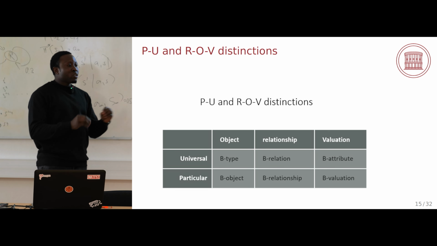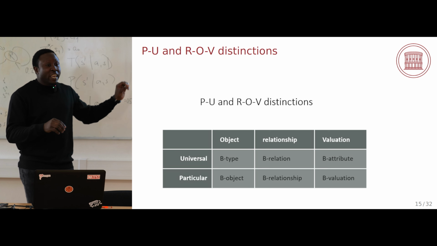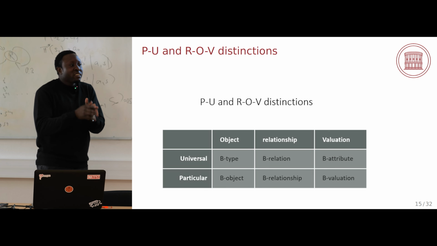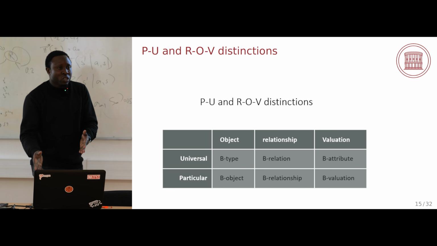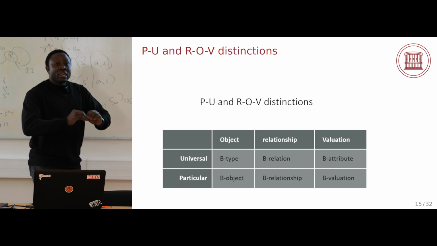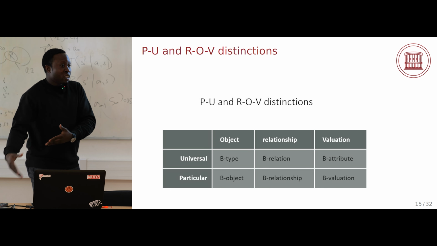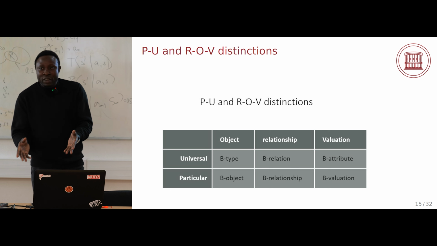And then B relations are also similar to object properties in your own ontology. They have instances, and instances of those B relations are B relationships, more like object property assertions in OWL. And then B attributes are also universals.